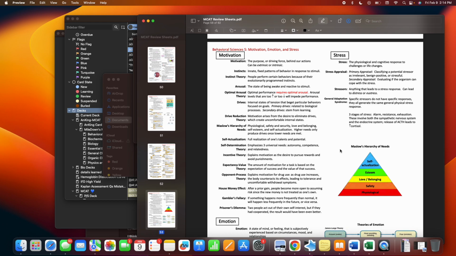Now the implicit just goes down to the procedural memory, and procedural is for doing tasks, skills, right? It's more like a pragmatic thing.